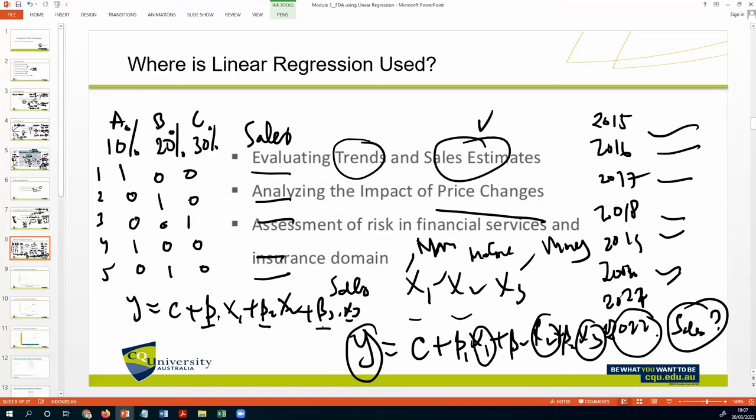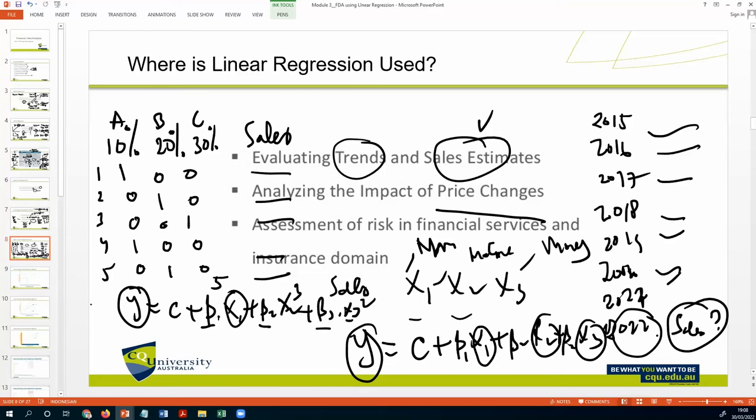Given that you put 5 products here, 3 products here, and 2 products here, what is the sales? So that is analyzing the impact of price change.